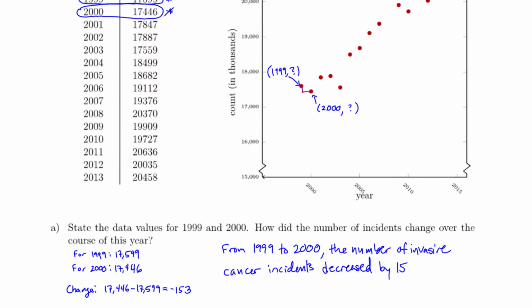And I know it was a decrease. First, I knew that based on the visual of my graph, but then this negative number is showing me that there were fewer in 2000 than there were in 1999.